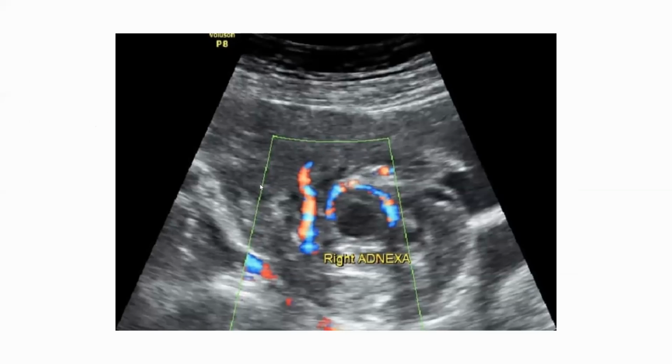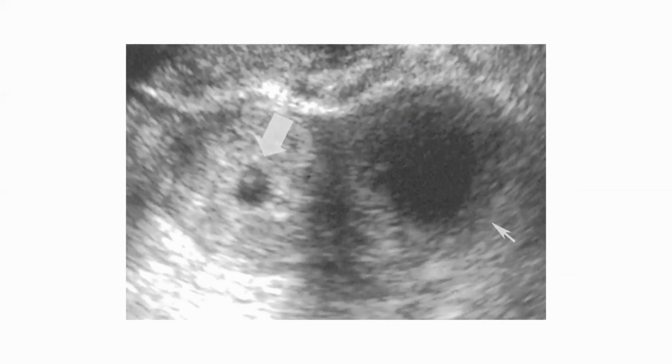However, I should say that these more specific signs for ectopic are things that you should look for in more stable patients, at least hemodynamically stable patients, because if you have an empty uterus and a positive pregnancy test, even without looking for free fluid, in an unstable patient you should be getting a surgical consult or an OB consult for that.